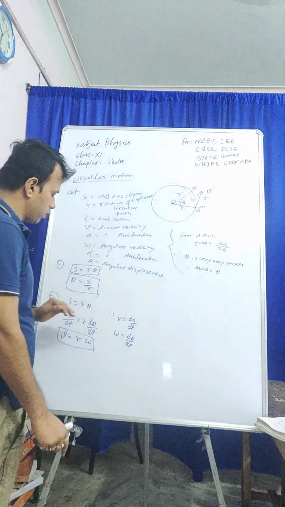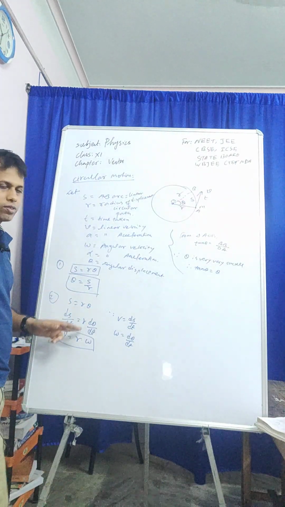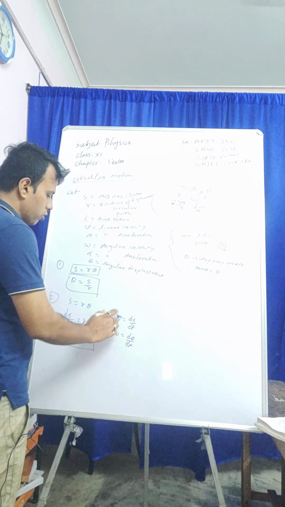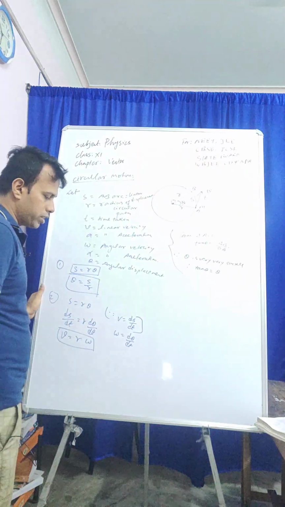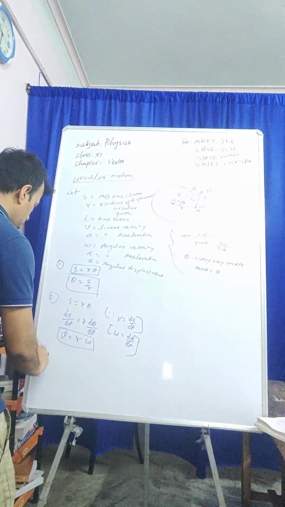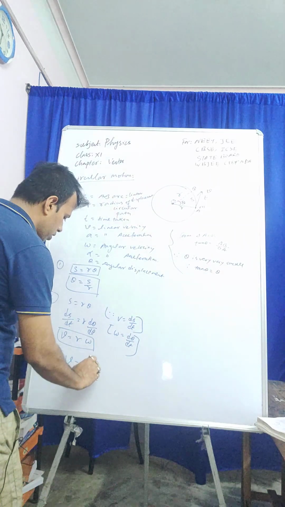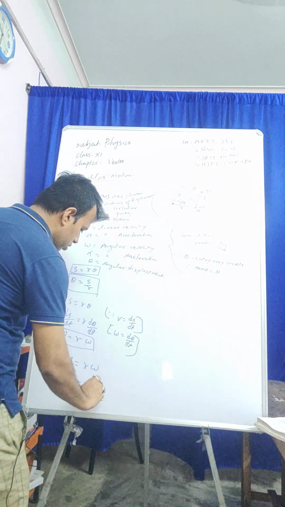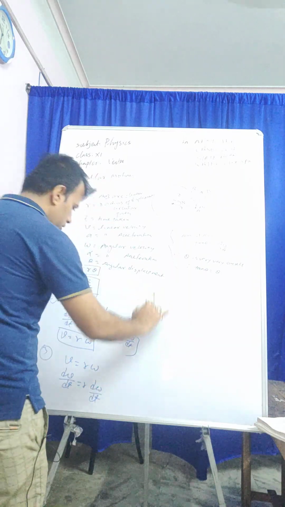If I differentiate this, it will be ds by dt equal to r into d theta by dt. So v equal to r omega, since v equal to ds by dt and omega equal to d theta by dt. Then v equal to r omega, so dv by dt equal to r d omega by dt.